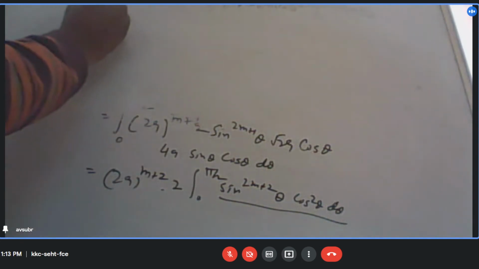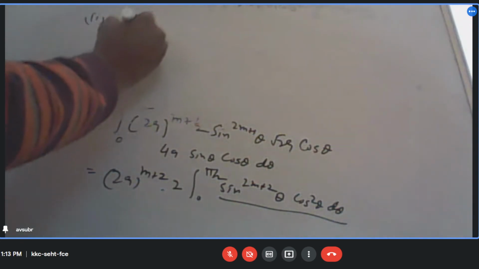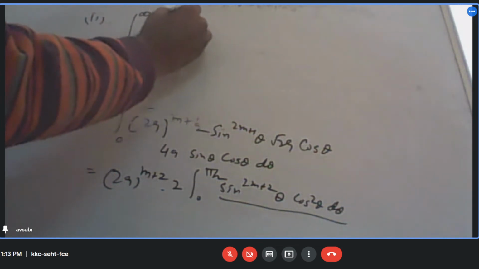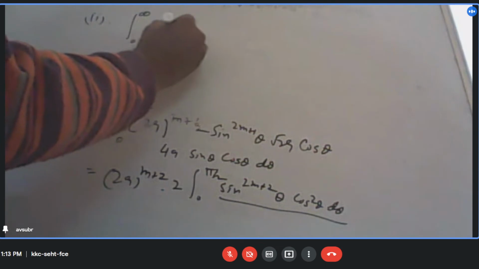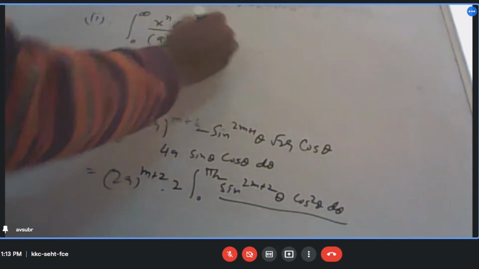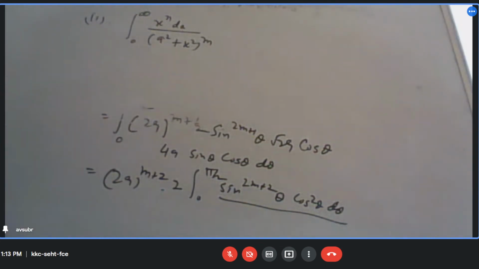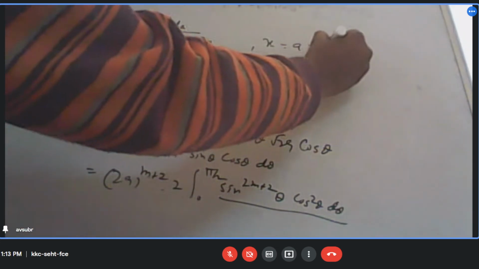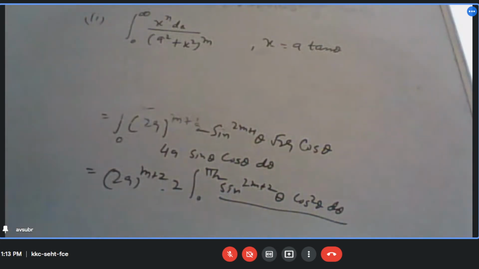मान लो हमारे पास ये इंटीग्रेशन इस तरीके का है 0 to infinity x to the power n dx by a square plus x square to the power m. ठीक है, तो x इज इक्वल टू a tan थीटा, राइट?